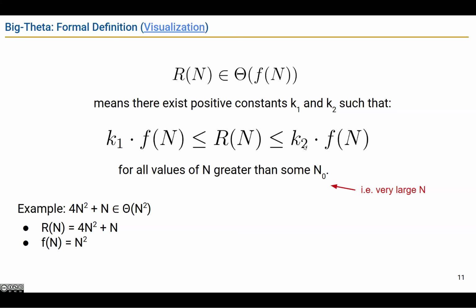The constants k1 and k2, you can choose a lot of them, but the ones that I'll pick here are k1 is 3 and k2 is 5. In effect, we're saying that 3n squared is going to be less than 4n squared plus n, and 5n squared is going to be greater than 4n squared plus n. So that means that r of n grows at about the same pace as f of n, up to a constant factor.